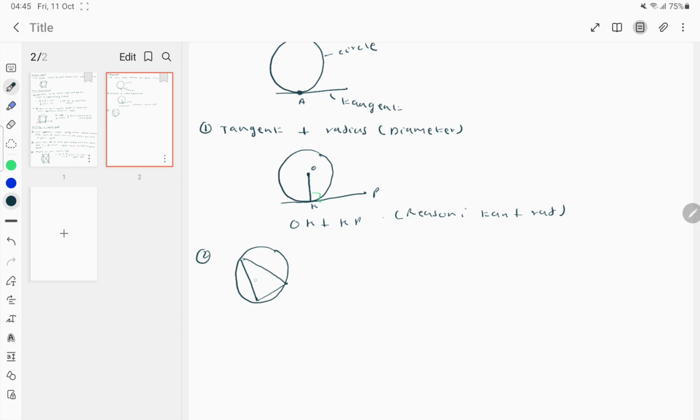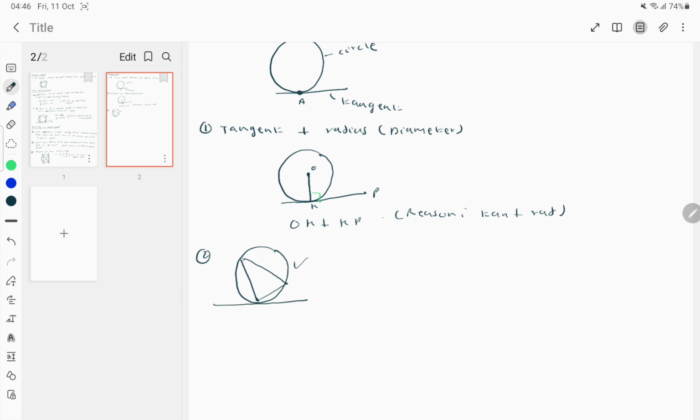You can't have a triangle that floats in the air, like something like this. Then we can apply tan chord here. The correct one is this one.